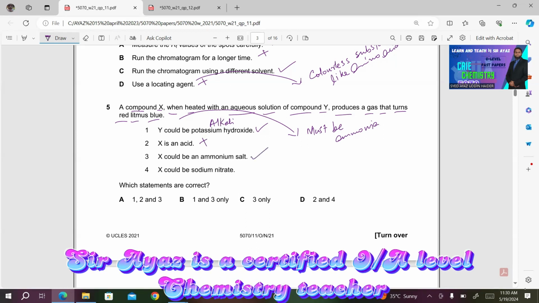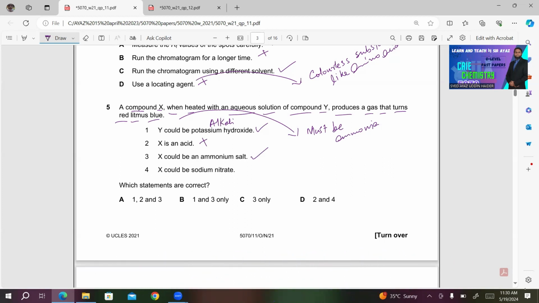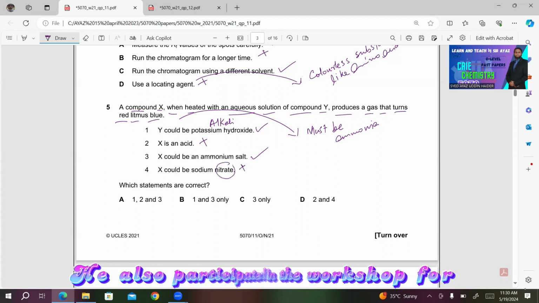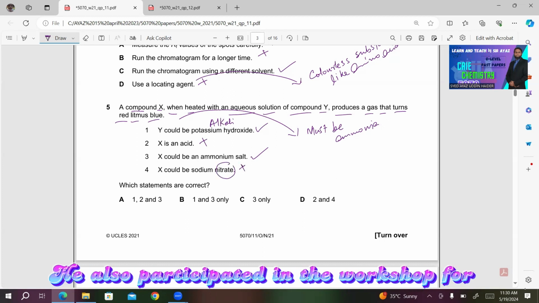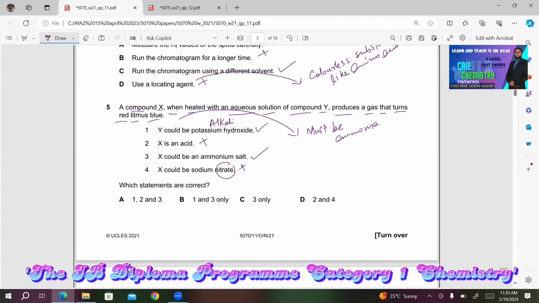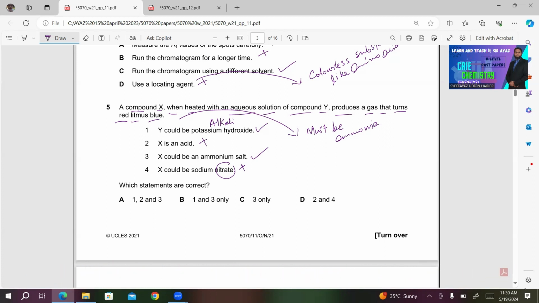This also looks correct to me because ammonium salts on reaction with alkalis release ammonia gas. Number four, X could be sodium nitrate. This is impossible, although the nitrate ion is there, because for nitrate ion you need to add aluminum powder also in order to get the ammonia gas. So number 1 and 3 is the right statement in this case. So B must be the right answer for number 5.